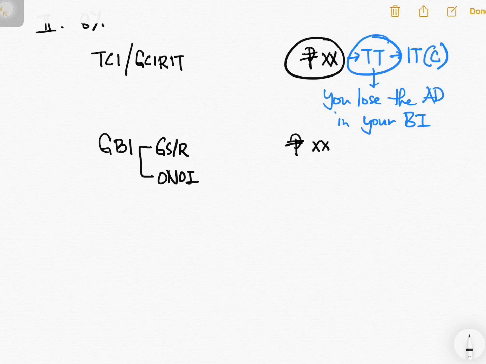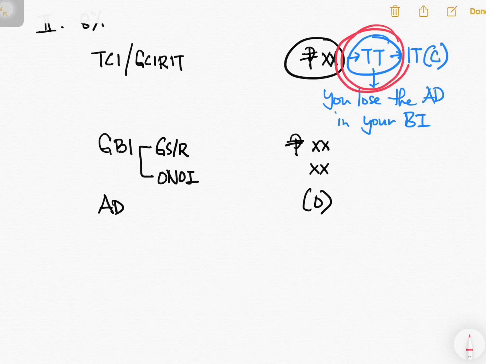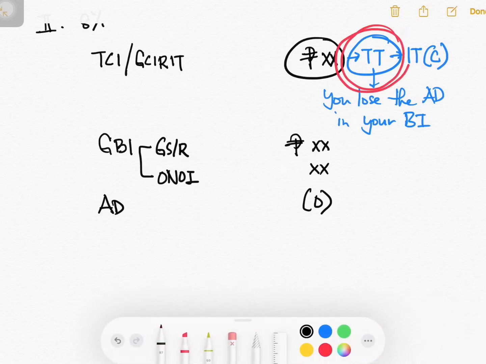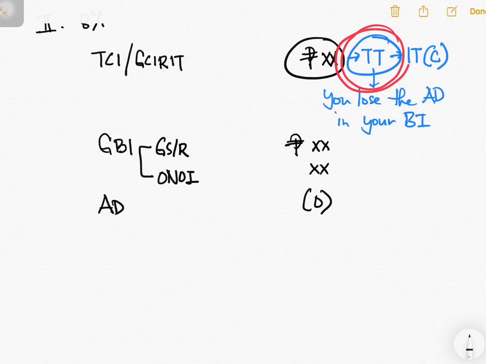So write the amounts here. And then for the allowable deduction, it's 0 already. What's the reason? Because you already made use of the tax table earlier. Okay? So that is what happens if you are a mixed income earner availing of 8%.